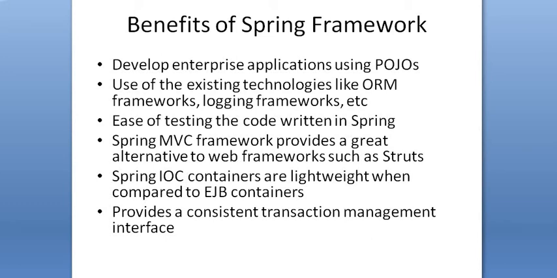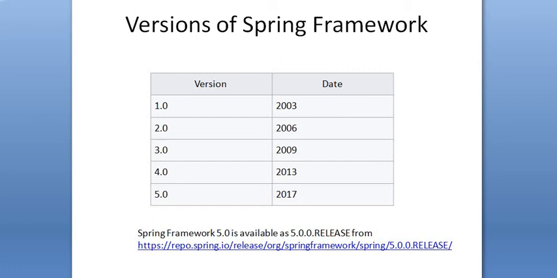Coming to the versions of Spring, as I told you, it was initially developed in the year 2003, with version 1.0 released. As you can see, the years have been listed along with the versions.